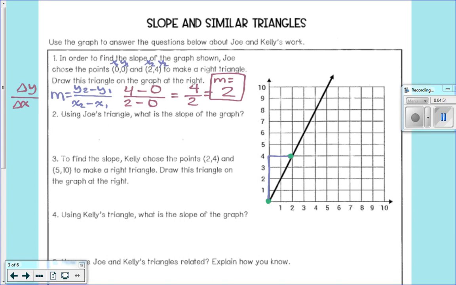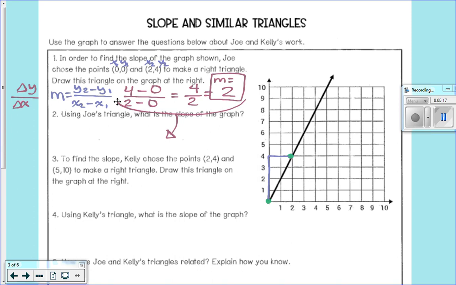Okay, so we were supposed to do that here. All right, so using Joe's triangle, what is the slope of the graph? Okay, so now we know that Kelly chose 2 points. She also chose (2, 4). We've already graphed (2, 4) here. And (5, 10).